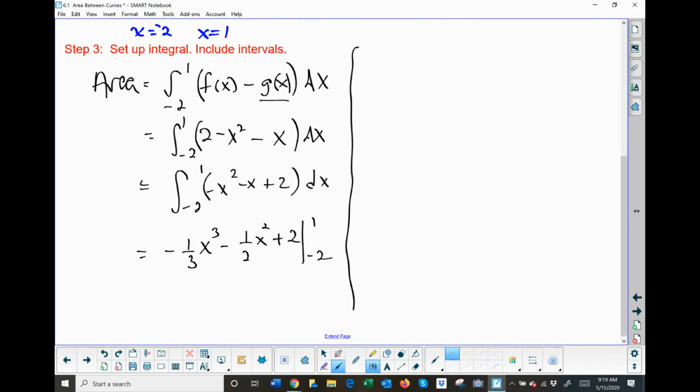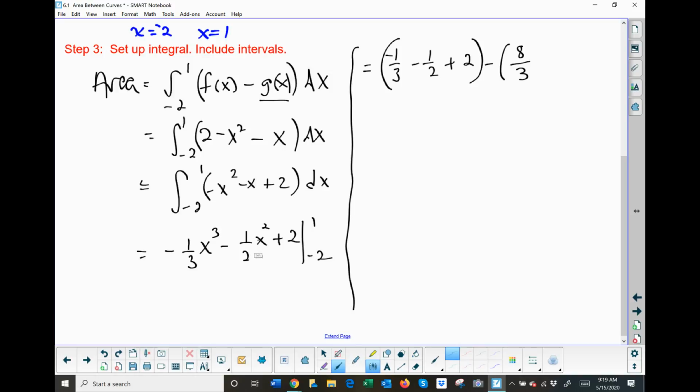So now we've got to plug in 1. That's pretty easy, isn't it? It'll give us negative 1/3 minus 1/2 plus 2. Take away, throw in negative 2. I would have minus negative 8, so 8 over 3.